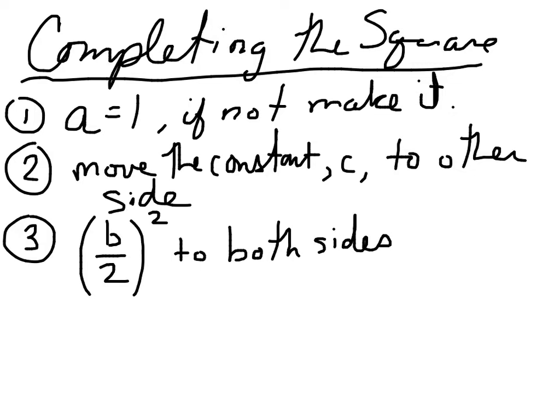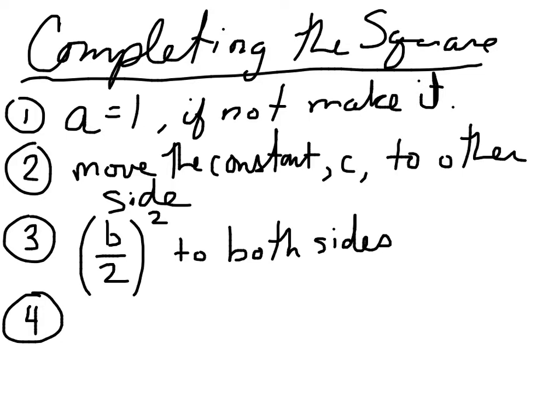What is the b position? What number is where the b is at? Do you remember? The middle, or the one in front of the x. Not the x squared, but the x. So I take that number, divide it by 2, and then square it. And then I put it into both sides, because what I do to the left side, you do to the right side. You can't do it to just one side. It's not fair.